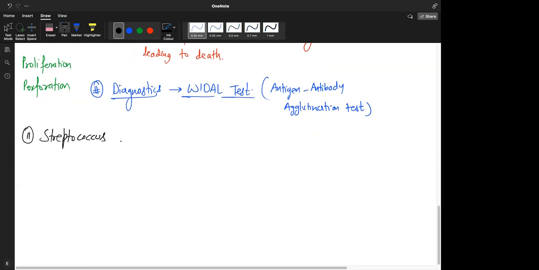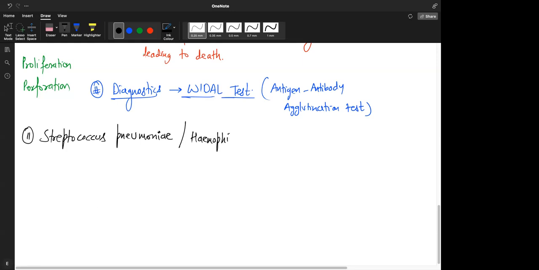Okay, next we are starting with Streptococcus, and the full name will just tell you what disease it causes. The full name is Streptococcus pneumoniae. So what disease might it be causing? Pneumonia. Exactly. But it's not only Streptococcus pneumoniae that can cause pneumonia. There is one more bacteria named Haemophilus influenzae.